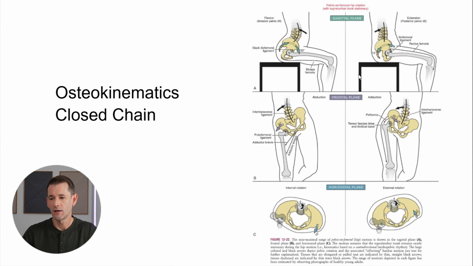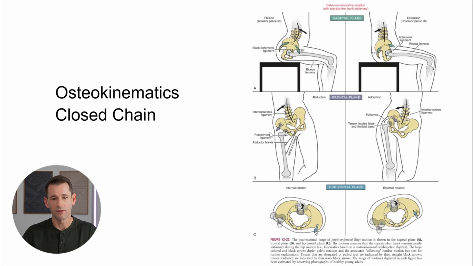So let's talk now about adduction. Again, I'm standing on my right leg and now I let my left pelvis, so the opposite side of the pelvis, drop. That's going to be adduction on that right side. So that's closed chain adduction.